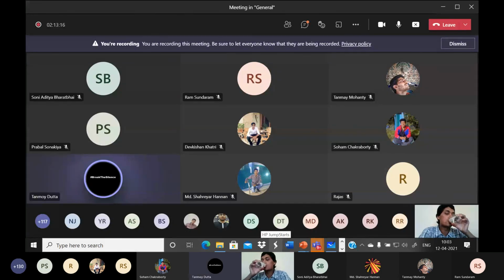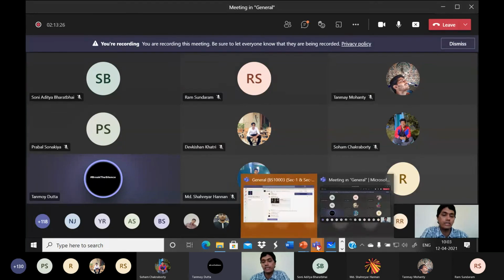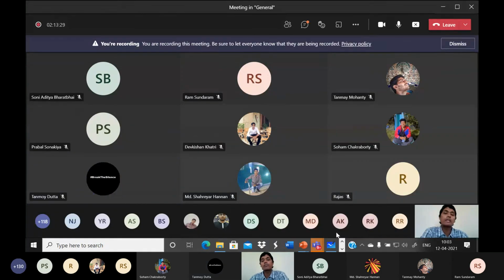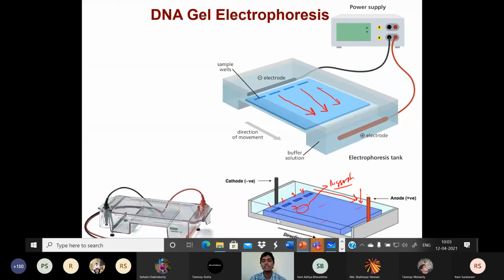So this DNA that is poured into the wells, is it broken, uncoiled, or supercoiled? Very good question, actually. All are possible. Here, I am not going to discuss all sorts of these things. Just imagine that this is double-stranded DNA, and it also forms a helix.